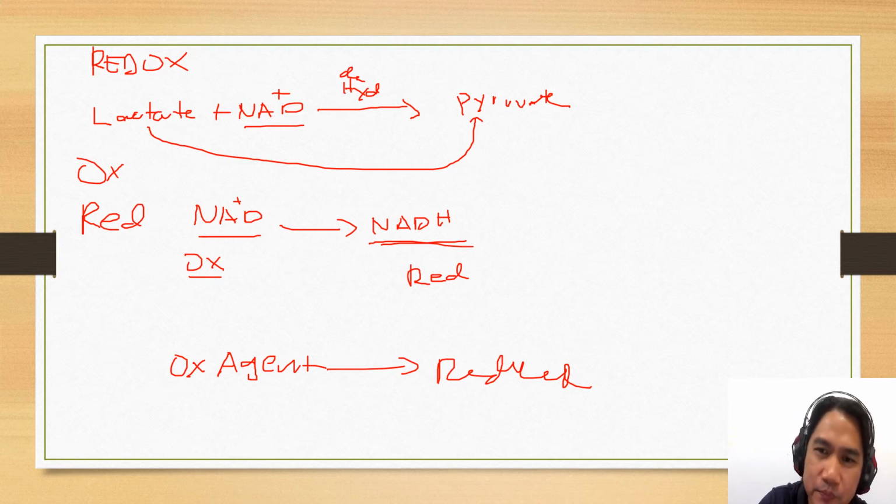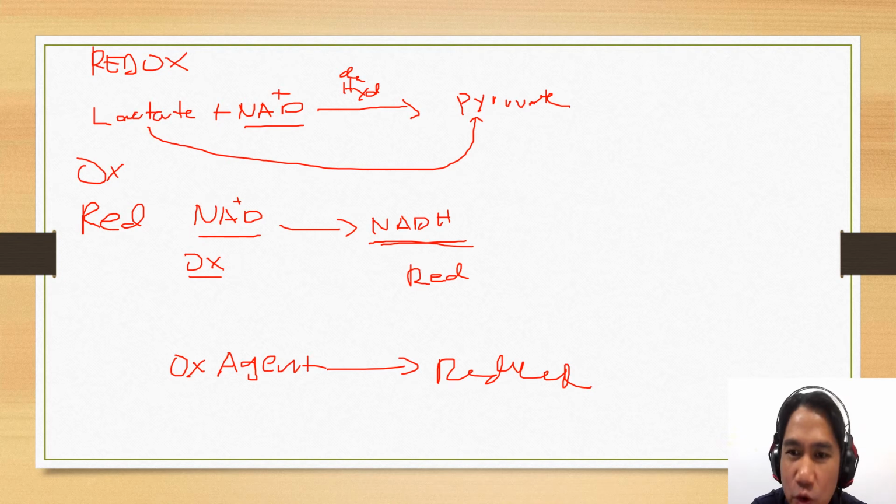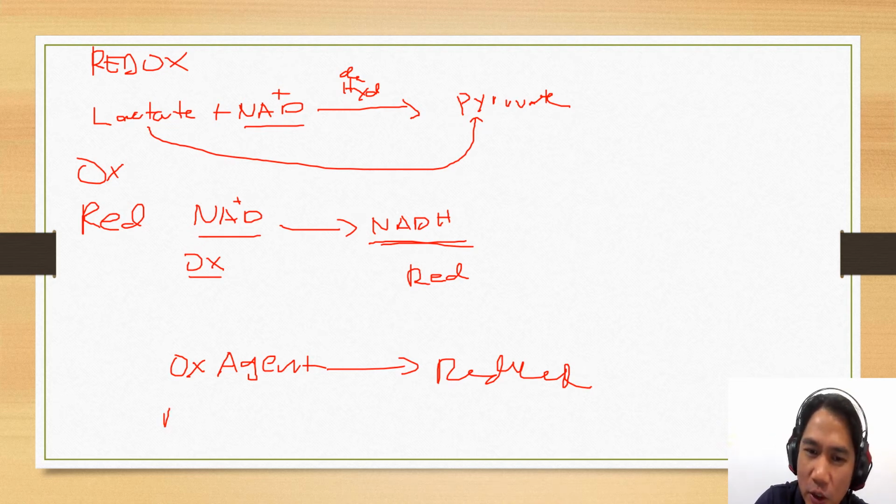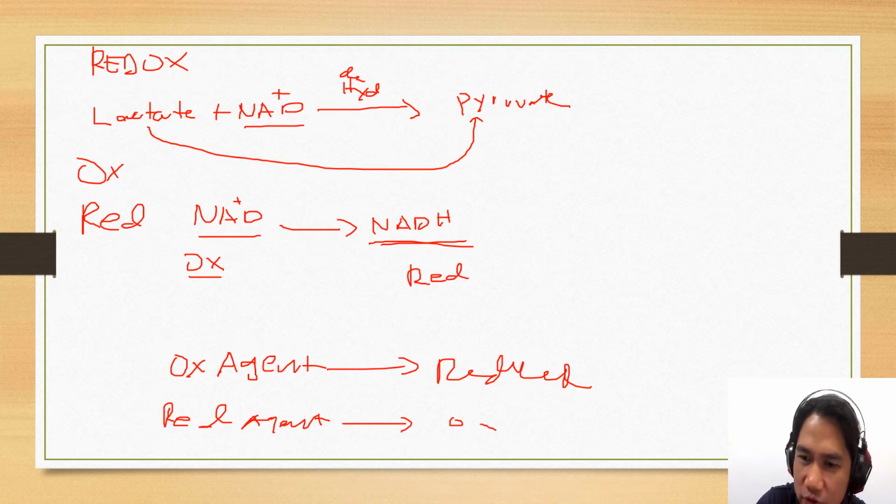That's why in the previous slide, I said that redox reactions always go together. Any oxidizing agent gets reduced, and any reducing agent gets oxidized.